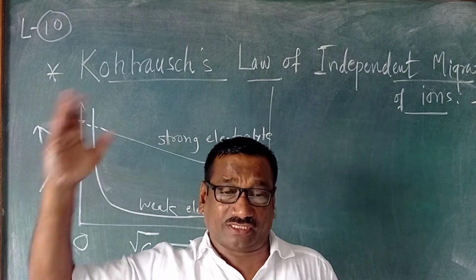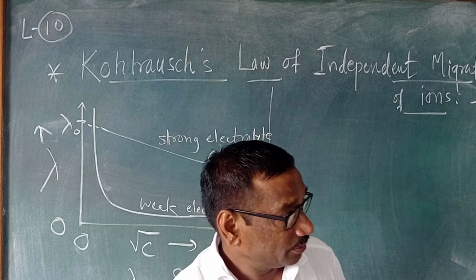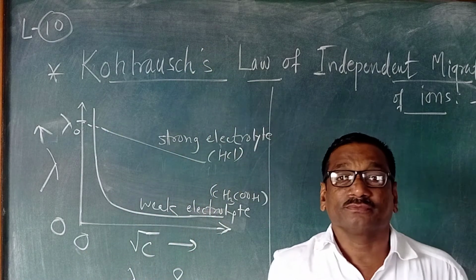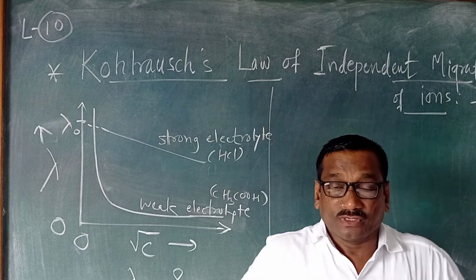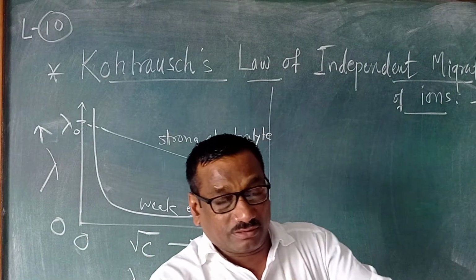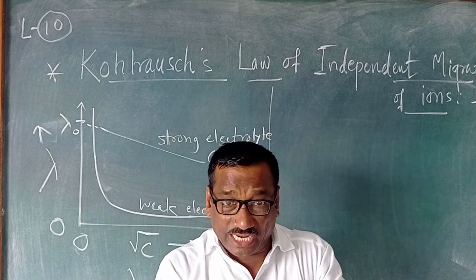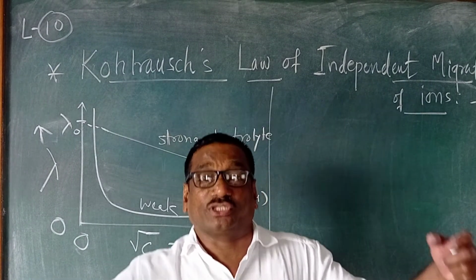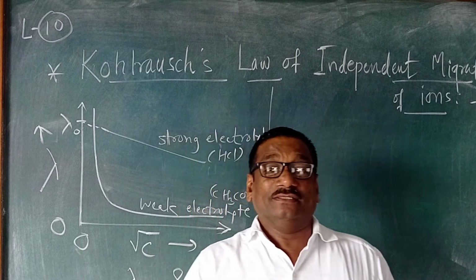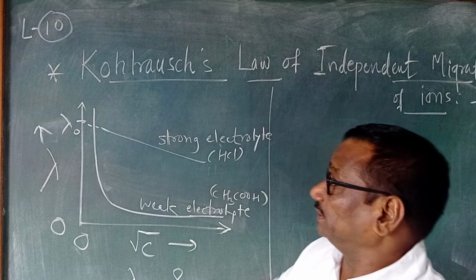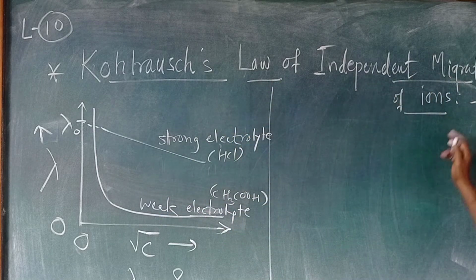Kohlrausch law states that at infinite dilution, each ion migrates independently from its co-ion and takes its own share in the conductance measurement. It is called the Kohlrausch law of independent migration of ion.